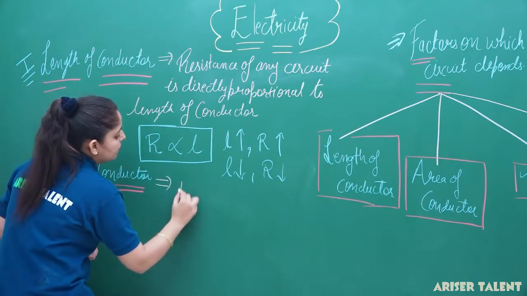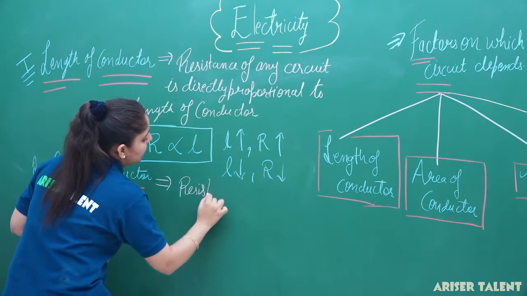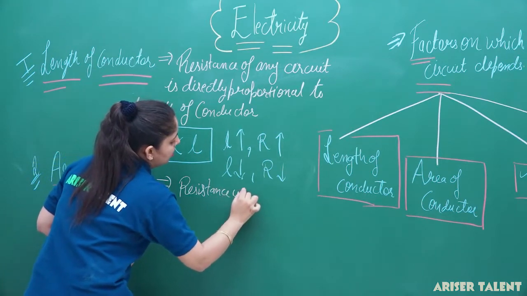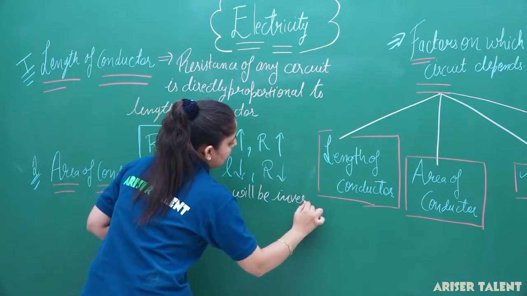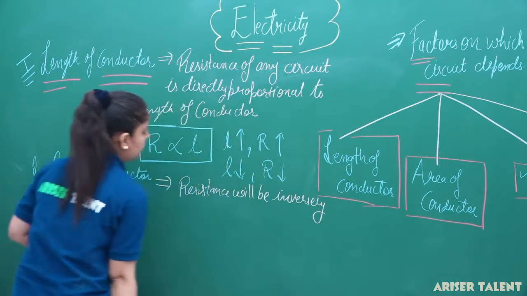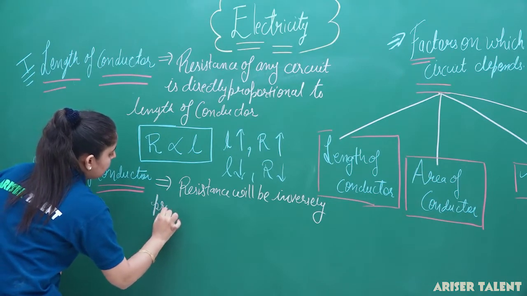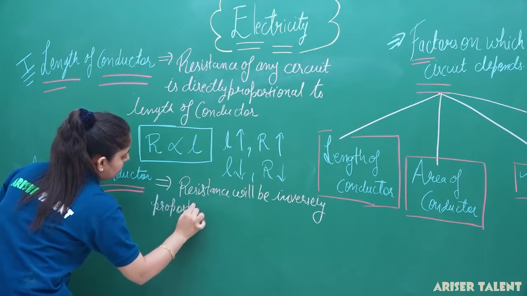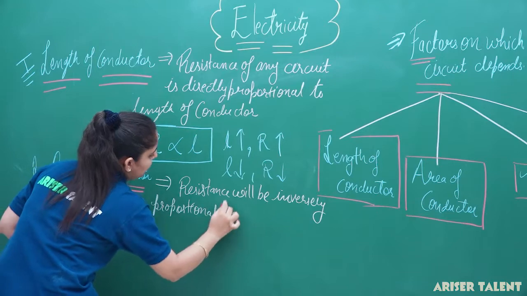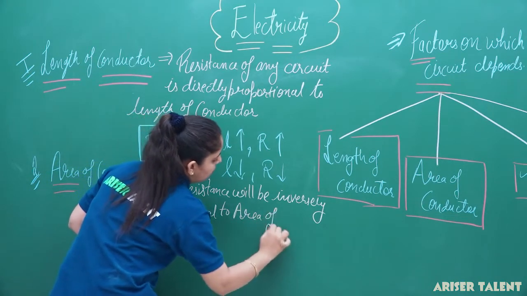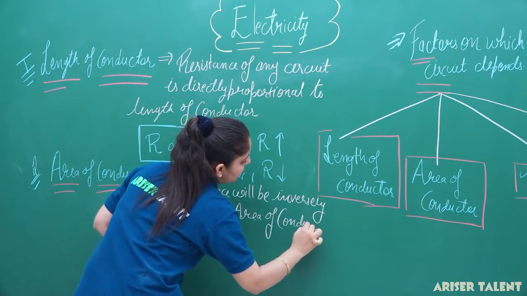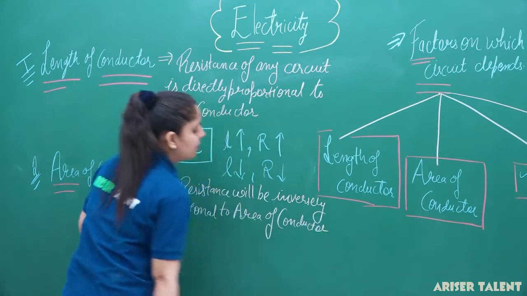So resistance will be inversely proportional to area of conductor.